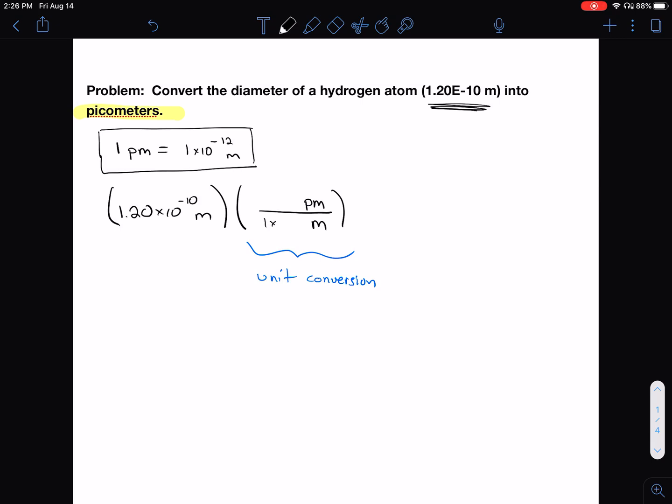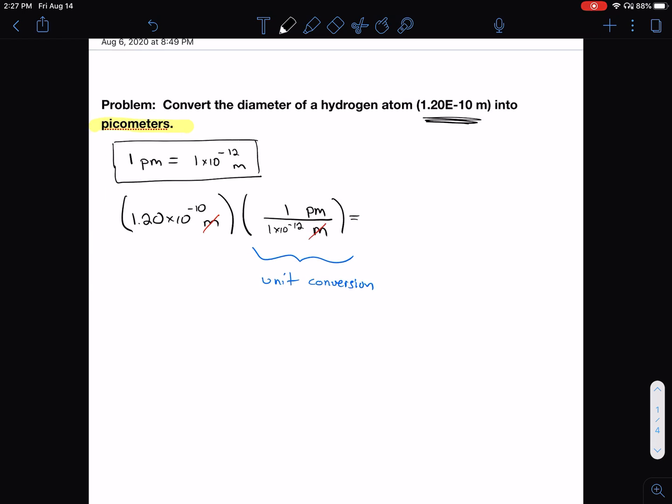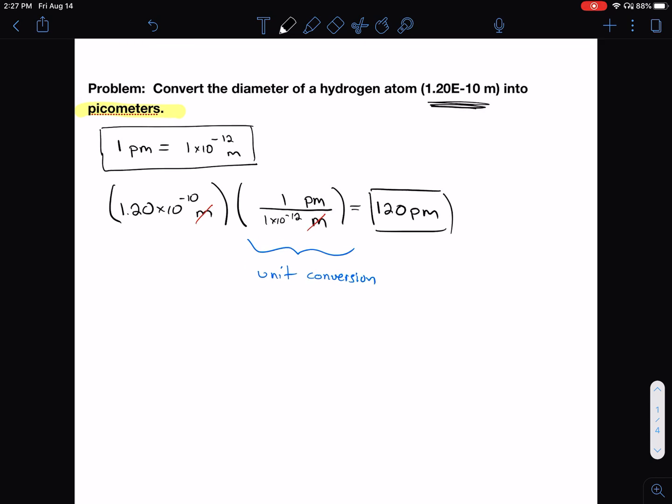So 1 times 10 to the negative 12th meters to 1 picometer. We can see when we do this, our units, meters, will cross out, and so now it's just plugging it in to the calculator. When we do this, I got 120 picometers, and so there is my answer for our first unit conversion.